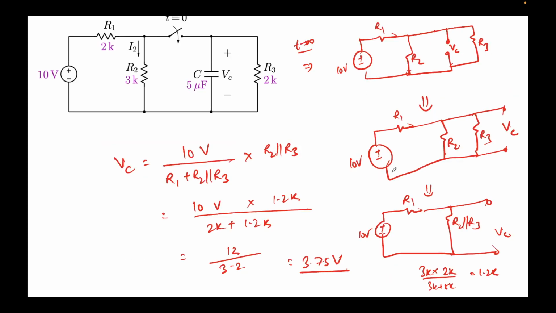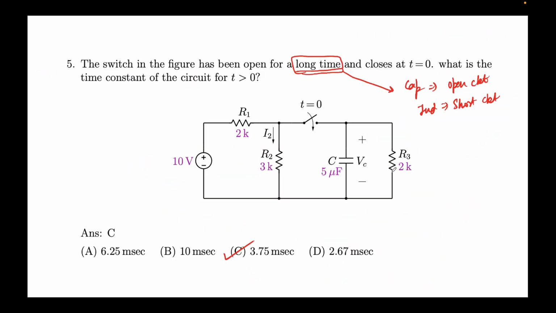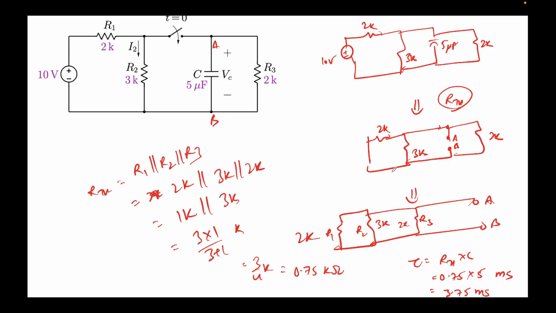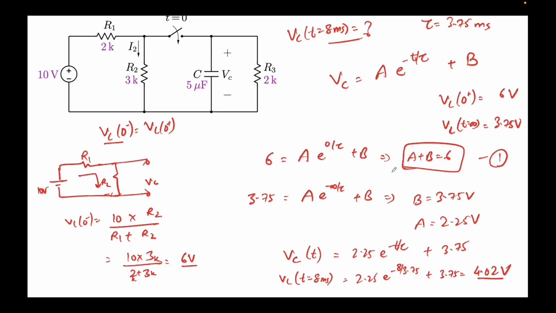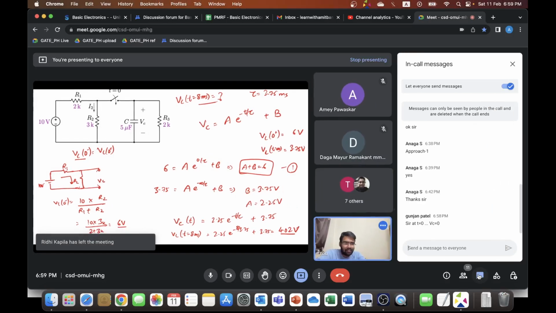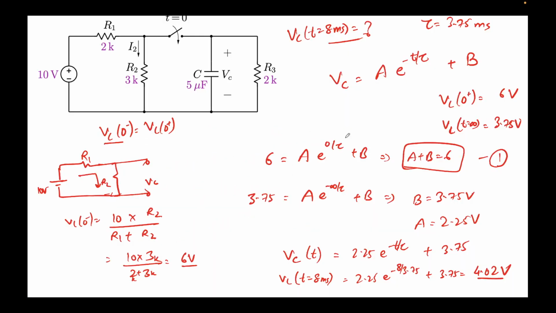Why is Vc 0? Correct, Vc has to be 0. You're correct. I'll tell you why this analysis is wrong. So if Vc was, let's say, 6 volts at time t equal to 0, thank you for pointing it out, Kunjan. So why Vc at 0 cannot be 6.